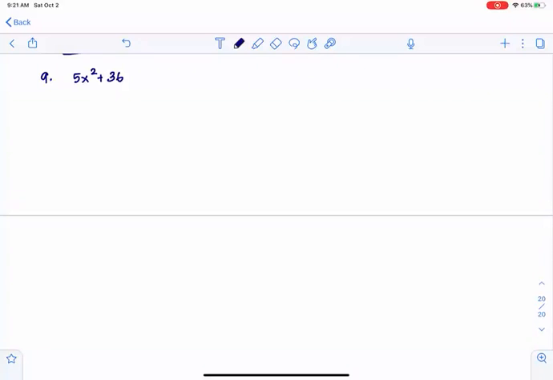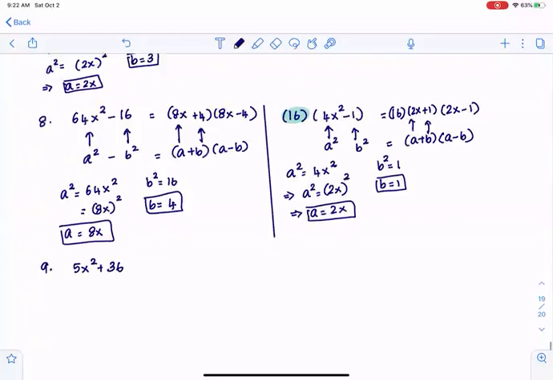So a common mistake that folks tend to make is to look at 5x squared plus 36 and jump immediately to the conclusion of writing it as a plus b times a plus b. But it is not a plus b times a plus b, because if it is a plus b times a plus b, it would equal a squared plus 2ab plus b squared, our first special product.